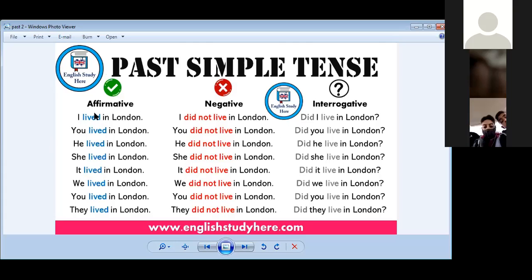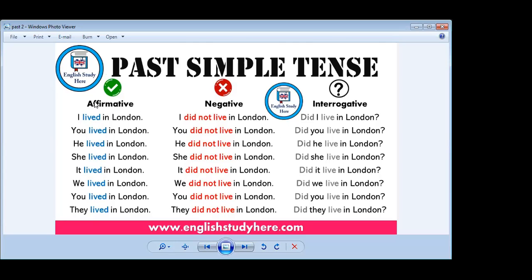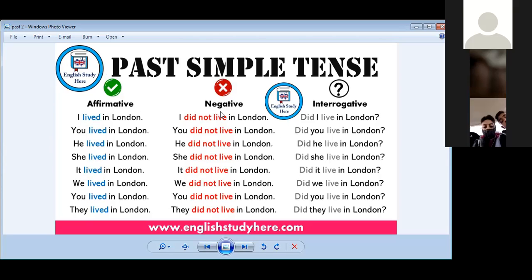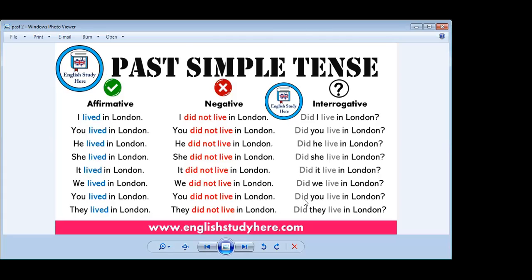Whatever the subject is, verb 2 doesn't change. Whatever the subject is, didn't and not, infinitive don't change. Whatever the subject is, here did and the infinitive and the question mark don't change. Can you notice that? So whatever subject we have, the rule doesn't change, the rule isn't affected.